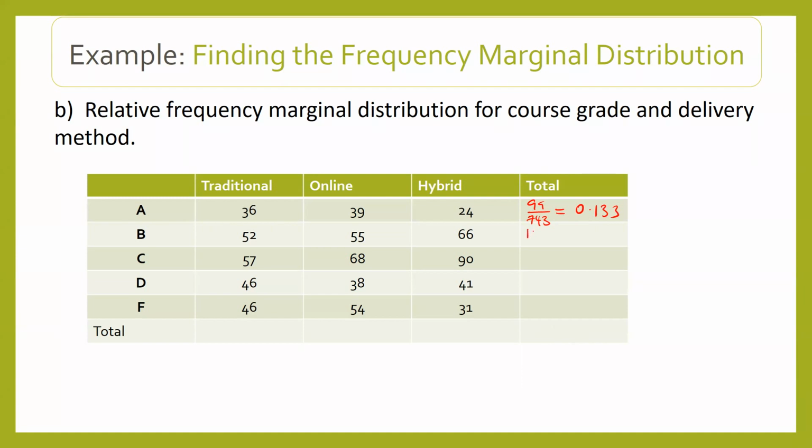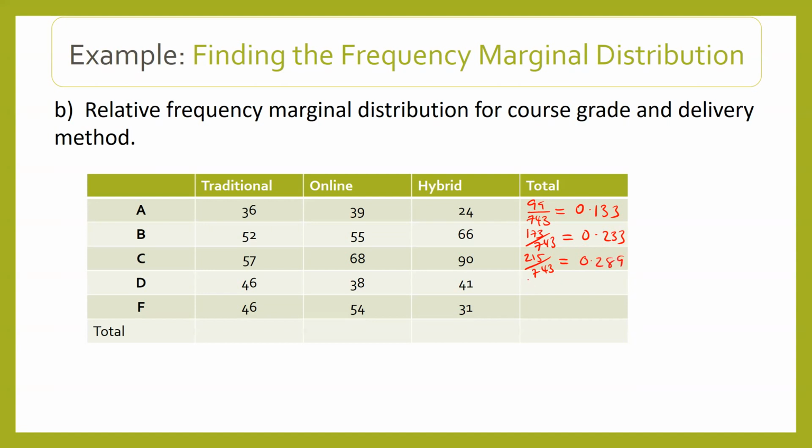The next one will be 173 divided by 743. That would be 0.233. And if you do that across, you will get the same thing. So this is 215 divided by 743. I'm using the frequency marginal distribution we found in the previous slide. That would be 0.289.